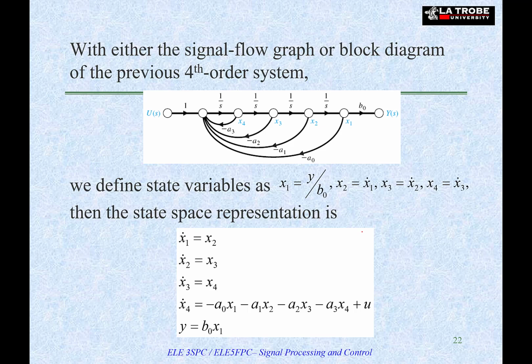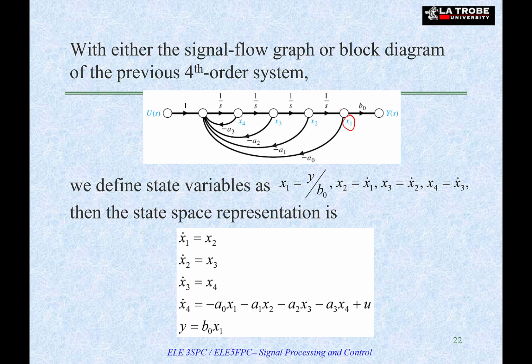How do we specify state variables? We specify state variables by looking at the rightmost integrator. And we always start from the rightmost integrator. We start writing the state variables from the output node of the rightmost integrator.